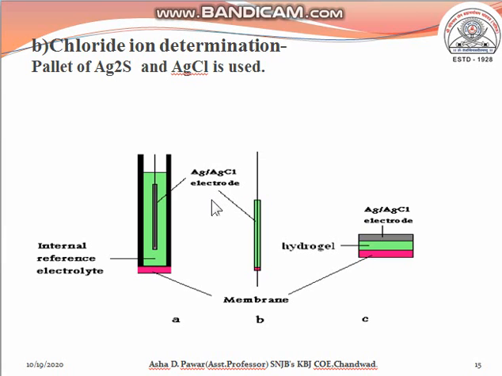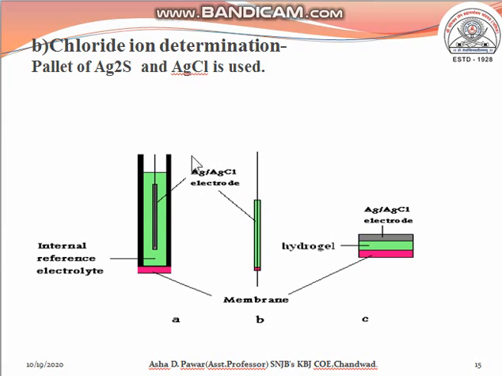When this electrode is in contact with a solution containing chloride ion, a potential is developed, and this potential measures the concentration of the chloride ion present in the solution.